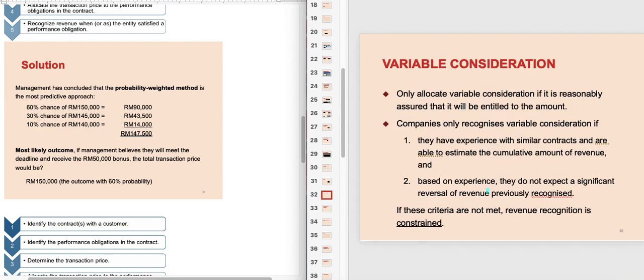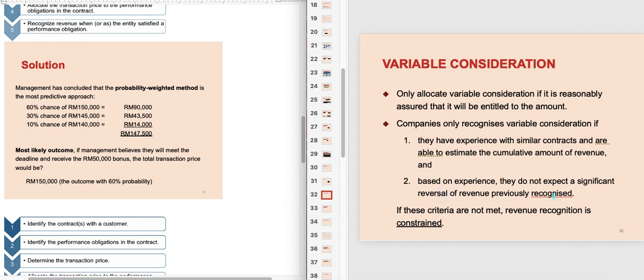So in the contract, when you want to include a variable element in the transaction price, you must make sure that it is reasonably assured that you will be entitled to the amount, and that you only include the variable consideration in the transaction price if you have experience with similar contracts and are able to estimate the cumulative amount of revenue. Right, and based on experience, they do not expect a significant reversal of revenue previously recognized.